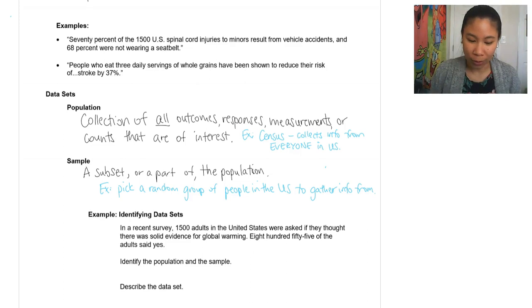So for example, I said pick a random group of people in the US, gather their information maybe about their salary, how much they're making, because these are things that usually are asked about in the census, and then use that information to try to predict maybe for that city, for the state, something like that. Instead of asking every single person, because that takes a lot of effort. And that's why the census is only done every 10 years.